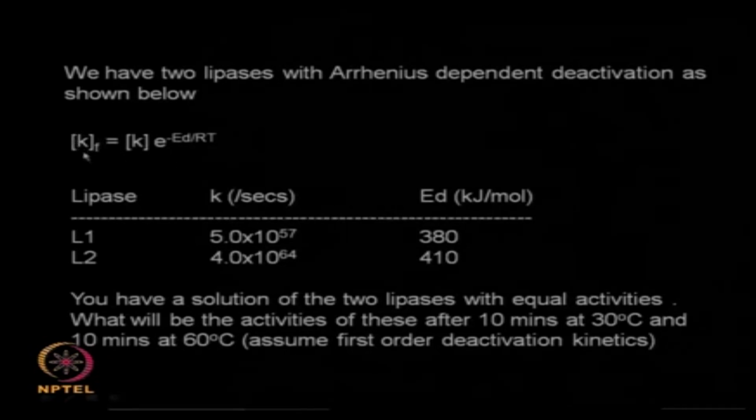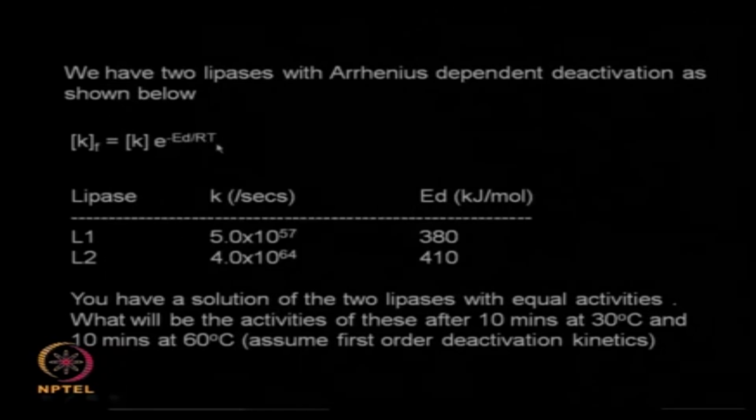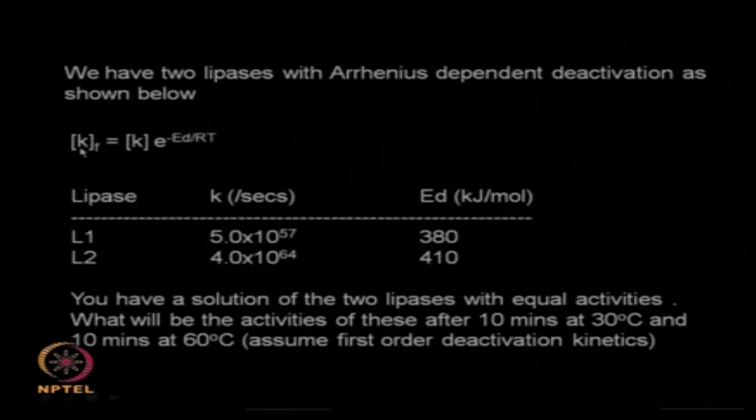The actual rate constant will depend upon the temperature in this fashion, k = k0 e^(-Ed/RT), where Ed is your deactivation activation energy. So if the temperature goes up, the deactivation is going to be much higher, and if the temperature is low, deactivation is low. That is a normal thing.